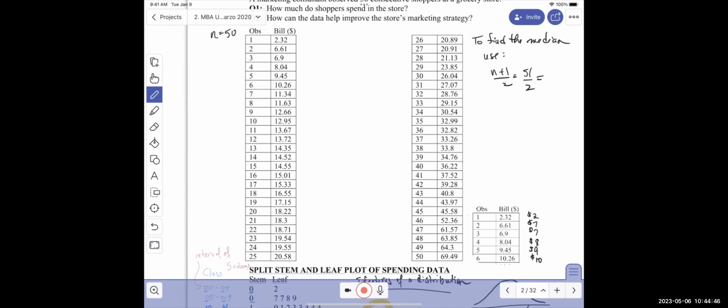So 51 over 2 makes 25.5. That is telling us, because it's an even number, you average the two middle values. So you're using an average, but not of all the data, just the data around the center position.